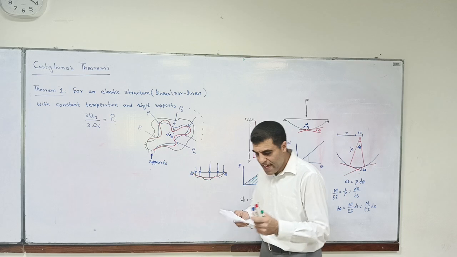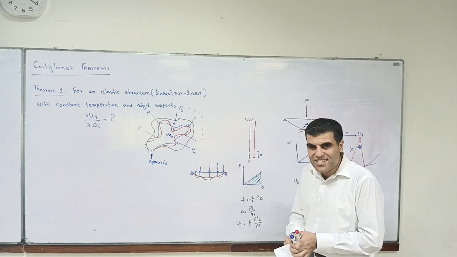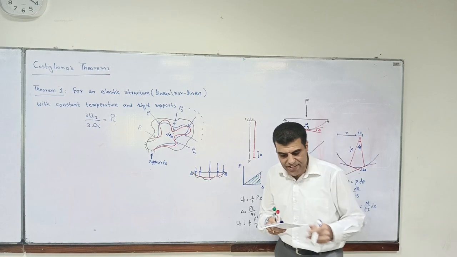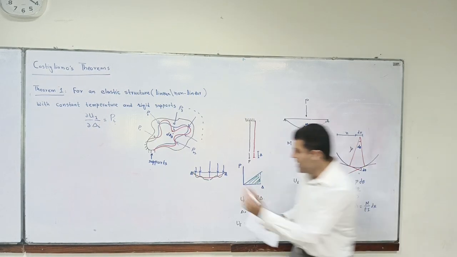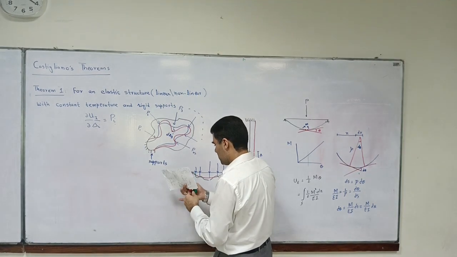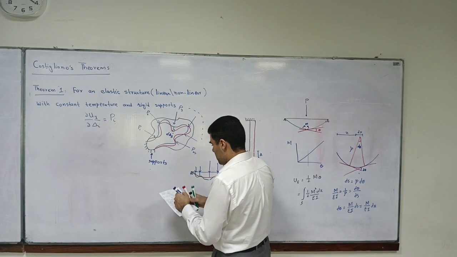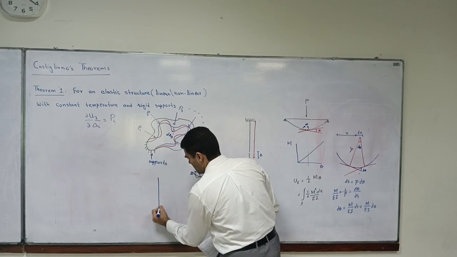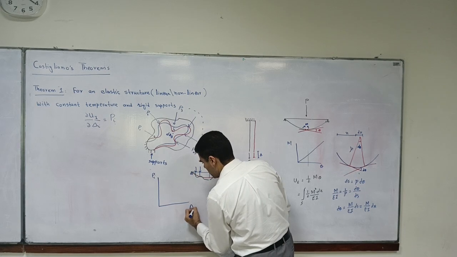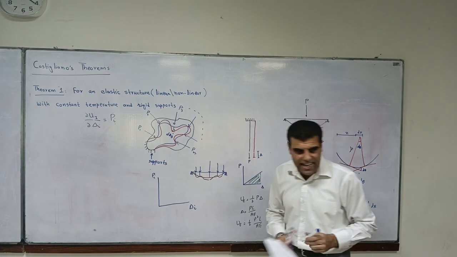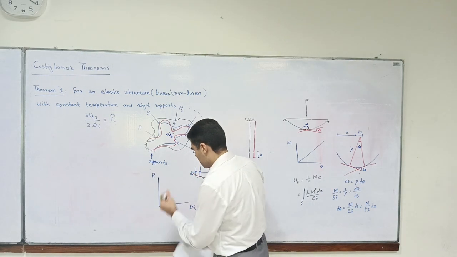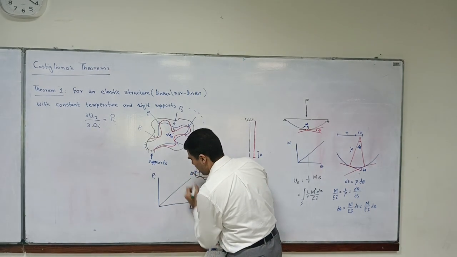So what would be the external work done in that case? Okay, so let's see. This is our Pi delta I curve, which, imagine, is straight.